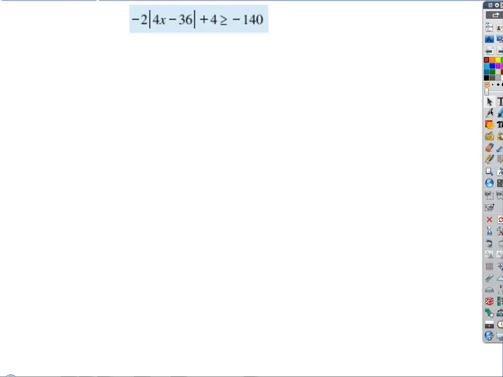Okay, so now to get the absolute value by itself, first I've got to subtract 4 from both sides. So I get negative 2 times the absolute value of 4x minus 36 is greater than or equal to negative 144.